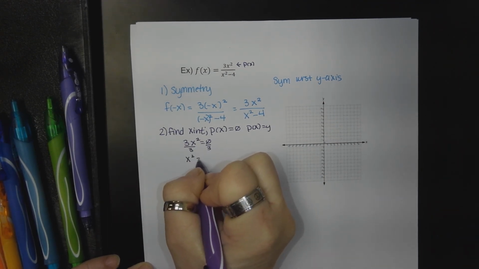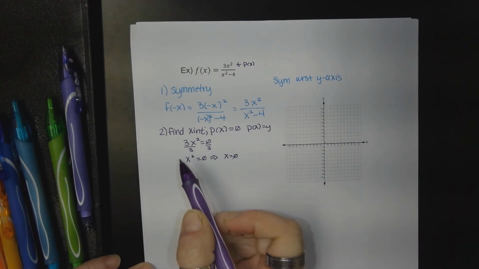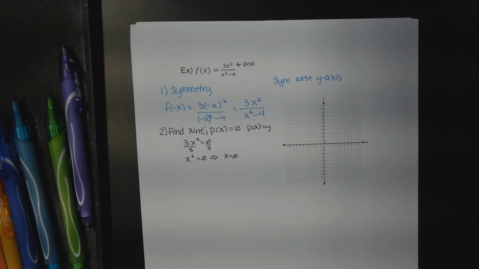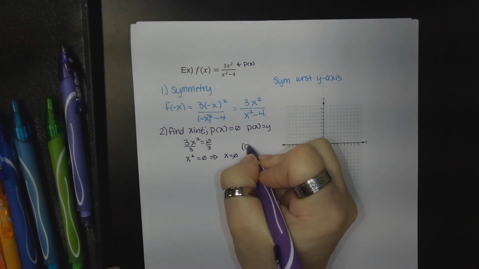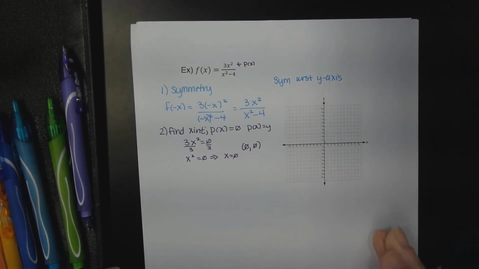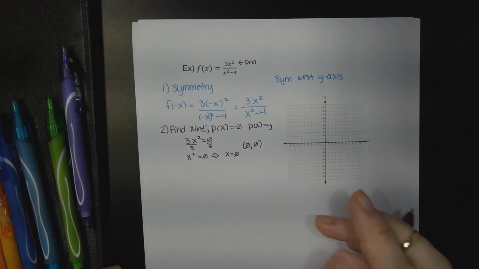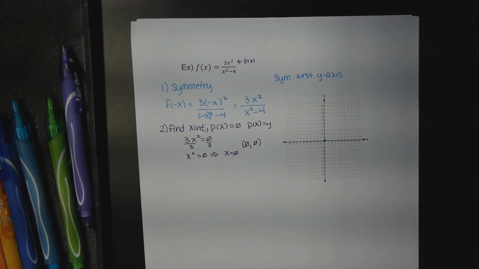So x squared equals 0. Well, that implies that x equals 0, because if you took the square root of both sides, you all know all that. So our x equals 0. What does our y equal? Well, it equals 0. So our x-intercept is the origin. 0, 0 is called the origin.